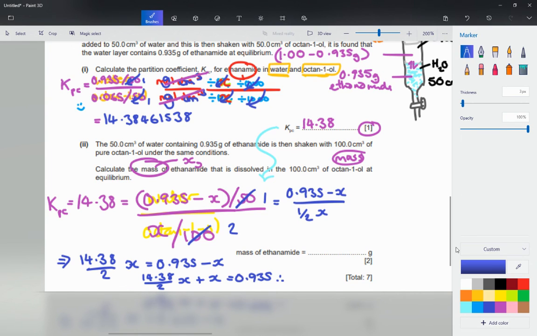So 14.3. In actual fact, I had the answer still stored in the calculator for 14.3846. So if I divide that by 2, I get 7.19. If I add x, so that's 7.19x plus x equals 0.935.